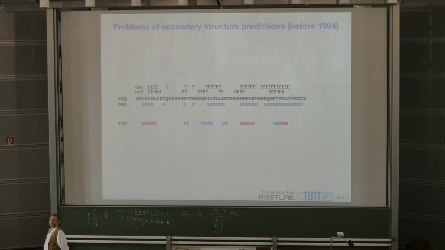And the answer to that question gets me exactly back into the reasoning here, that there are different methods of assessing prediction accuracy. So say one had a much better Q3, so overall more residues are correctly predicted, but the other one would at least get this strand and this strand right. Many things in between wrong, but at least something that is absolutely right. Which one would actually be better?